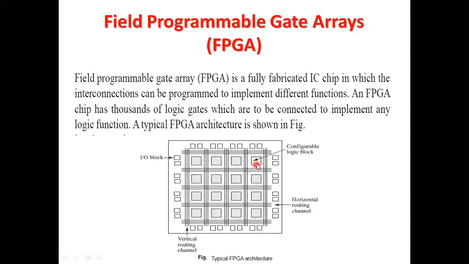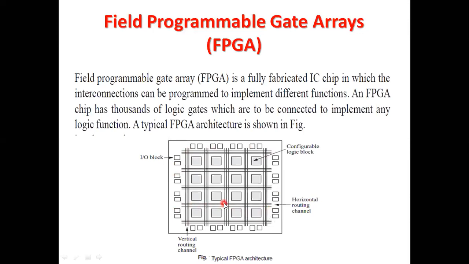These are the logic blocks, these shaded ones are the logic blocks. This one is the vertical routing channel. These ones are the IO blocks, input output blocks. This whole set are the input output blocks, and this one is the horizontal routing channel. I hope this diagram is clear to all of you.